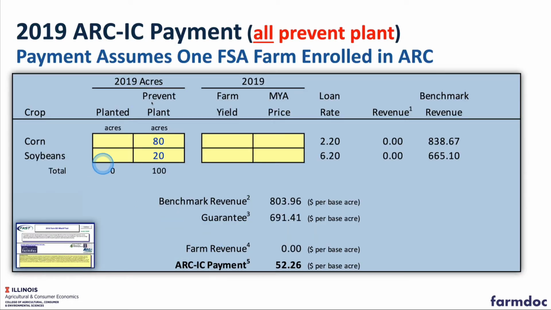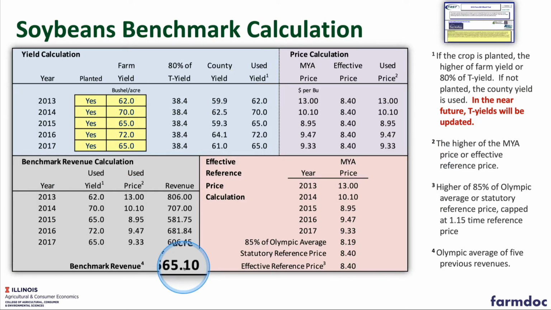All right, we have an example here of an ARC-IC payment. We have the benchmark revenue for corn and soybeans here. These benchmark revenues for these crops come from the previous slide. So this 665 here is from this input right here.